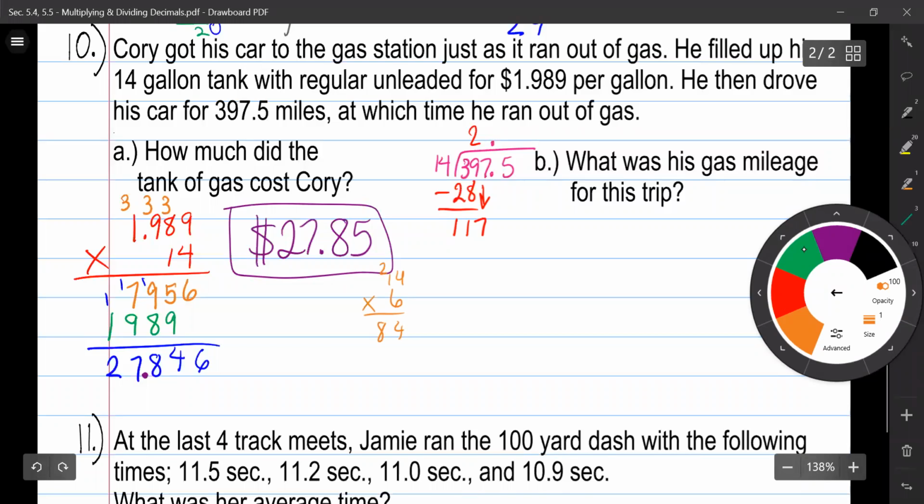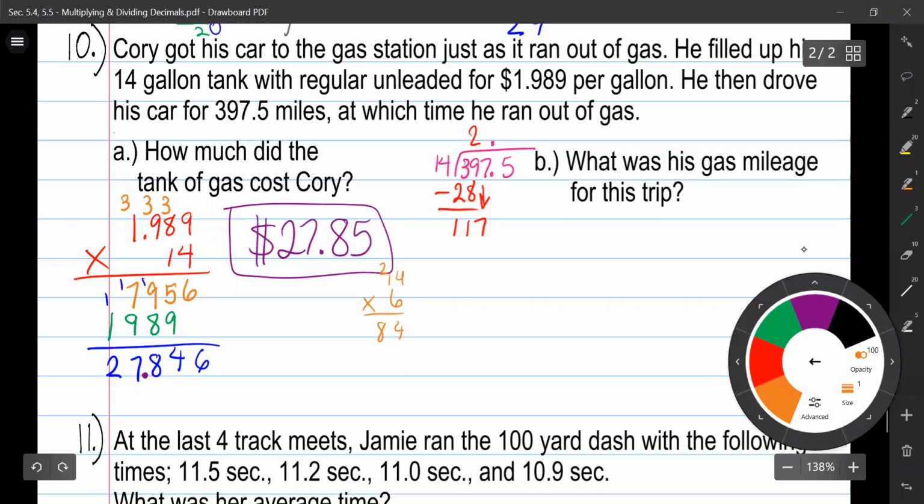No, that's not enough. Maybe 7? I don't think that's going to be enough either. How about 8? Yeah, there we go. 8 times 14 is 112. All right, and subtract that, that's 5. And then bring down the other 5.